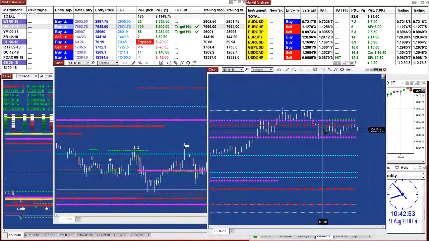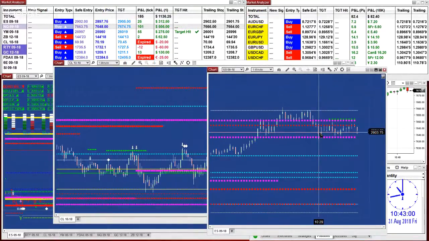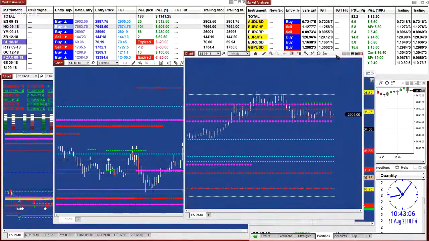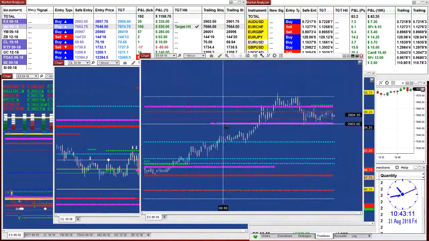If you notice, gentlemen, we've been on the same turnaround, and now it is 10:43. And if we look at the ES, now it's 10:43.